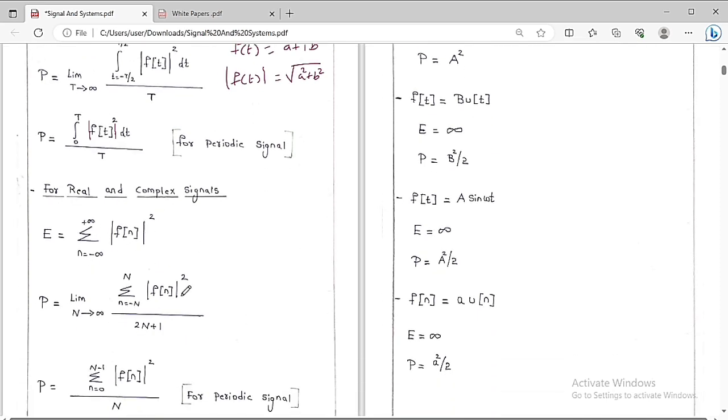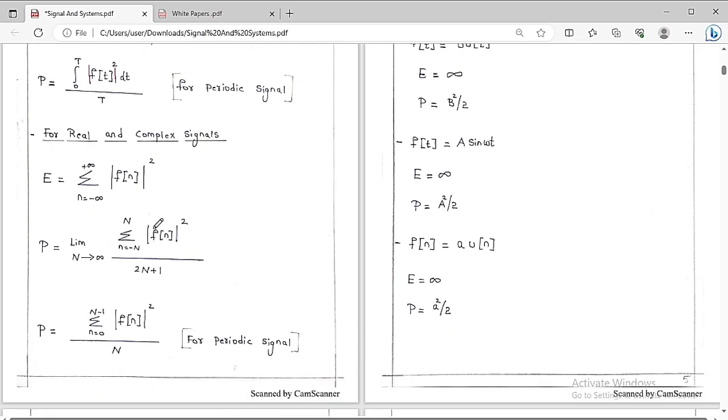Now for the discrete time domain, I am going to give the formulas for the energy and power. For real and complex signals in the case of discrete time domain, I am going to give the general expression, which is the energy present in the signal f of n.